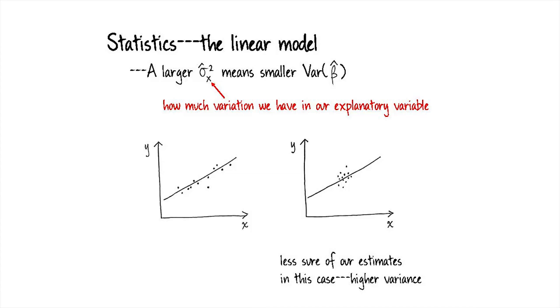Remember the picture I showed you in the beginning where all of the observations on x were on a single point? We couldn't even estimate the linear regression coefficients there. Here we can estimate them, but the variance is going to be pretty big. We're going to be less sure of our estimates in this case because we don't have a lot of variation of x to help us identify the effect we're interested in. Okay?